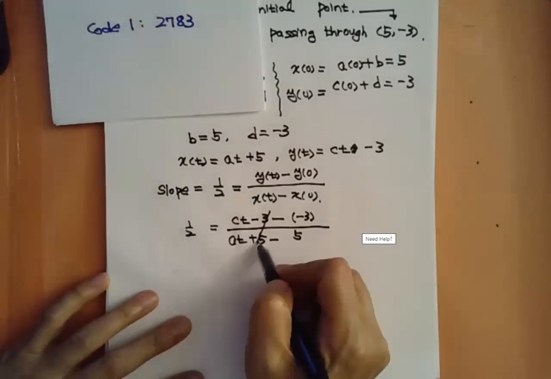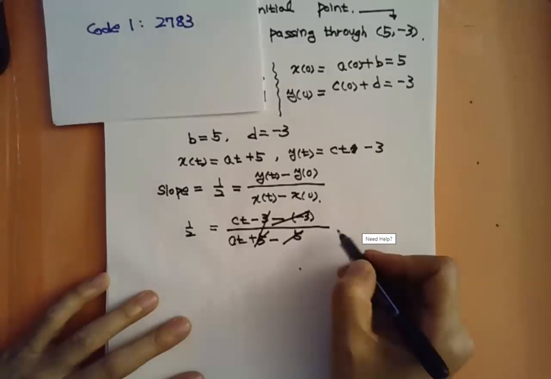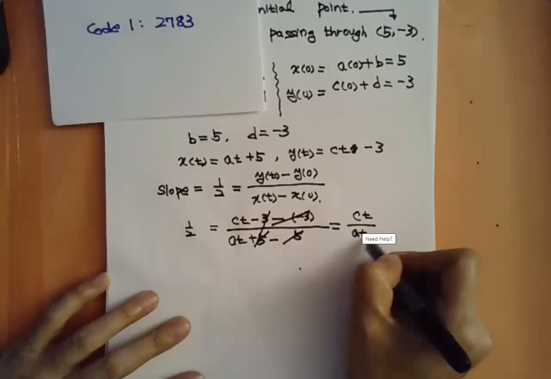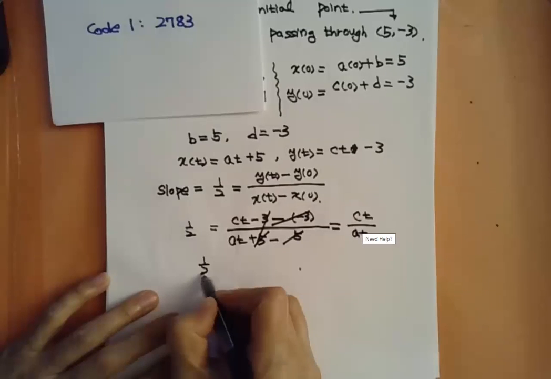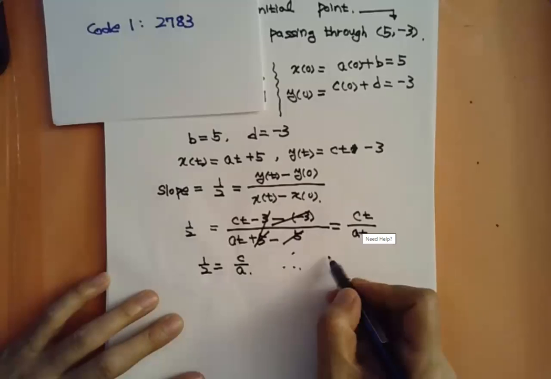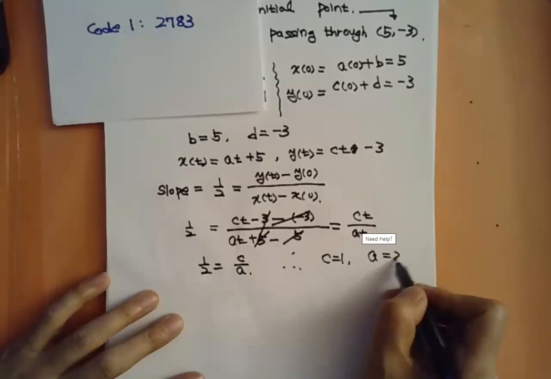So the two will cancel each other. And so we have ct over at. So 1 over 2 equals c over a. Therefore, c equals 1 and a equals 2, right?